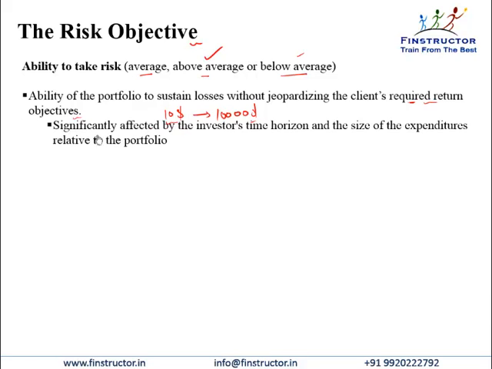So the ability is significantly affected by the investor's time horizon. Longer the time horizon, higher the ability. As for the size of his expenditures, if it is $10, it's not such a big deal. If it would have been $1,000 on a $10,000 portfolio, then we would consider an average or maybe a below average, as if the portfolio halves, then meeting $1,000 may become difficult from a $10,000 base.